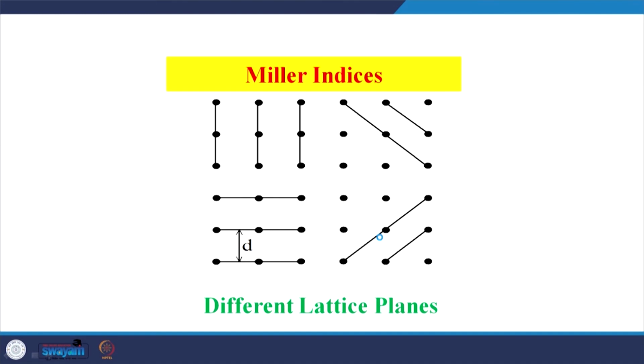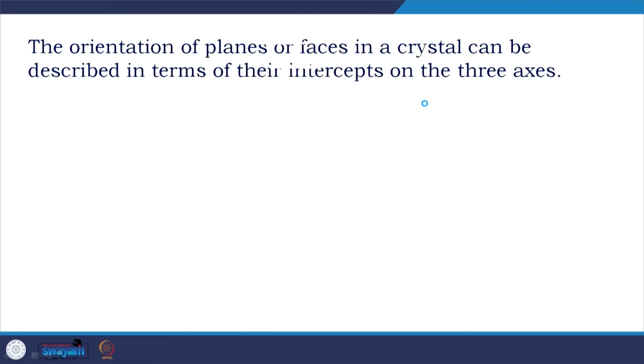As you see here, these are Miller indices of different lattice planes, where all the points have the same spacing, which is d, but you have to get the relations where they intercept from the parallel lines.